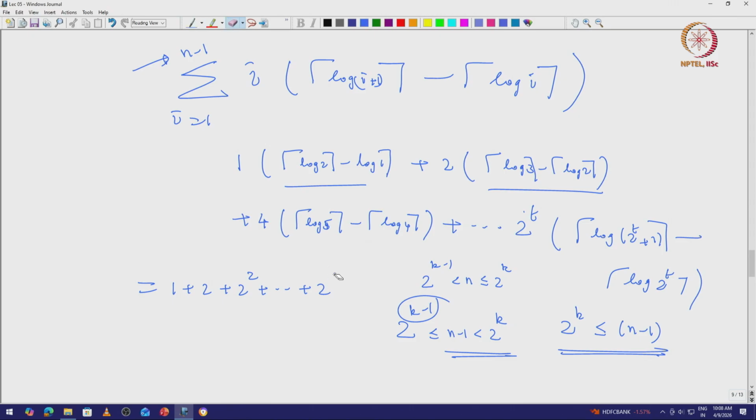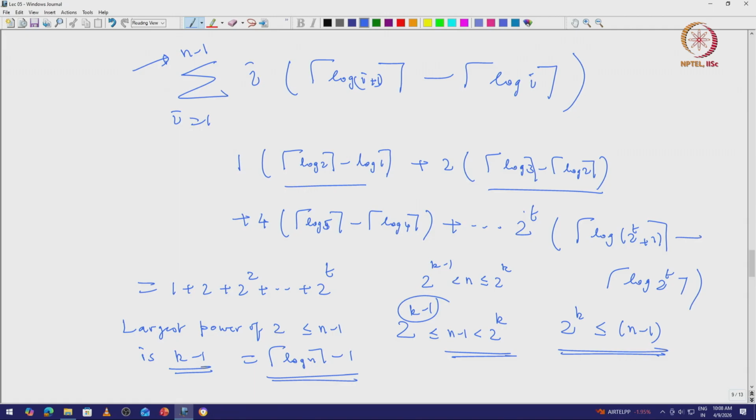Therefore, this will be t. Therefore, the largest power of 2 less than or equal to n minus 1 is k minus 1. This is the largest power of 2 you can have. But what is k? We have already seen that k is ceil log n.